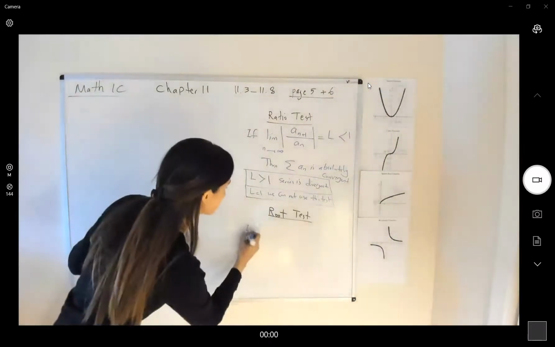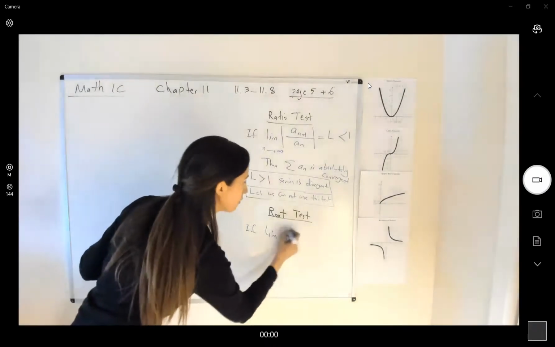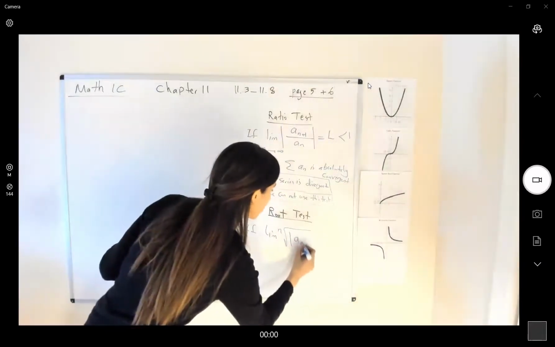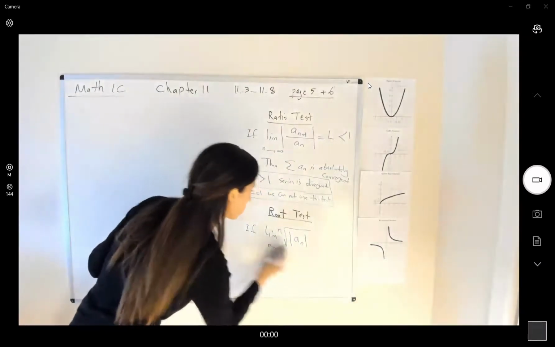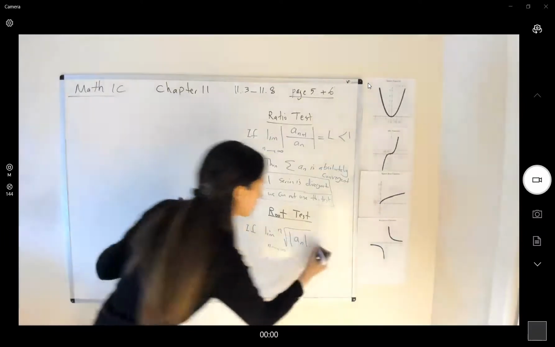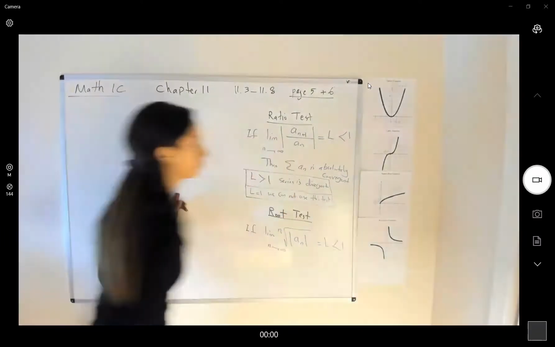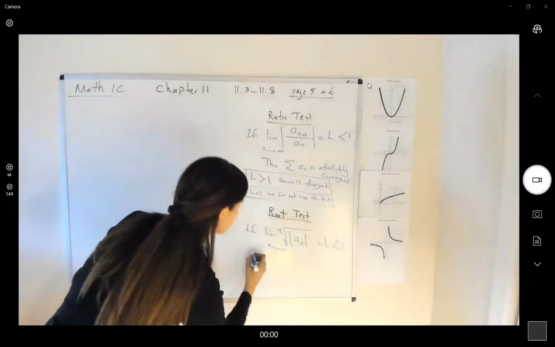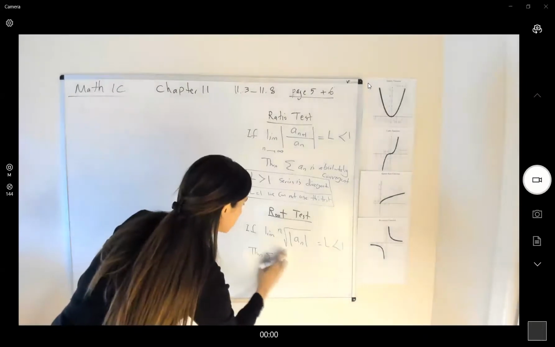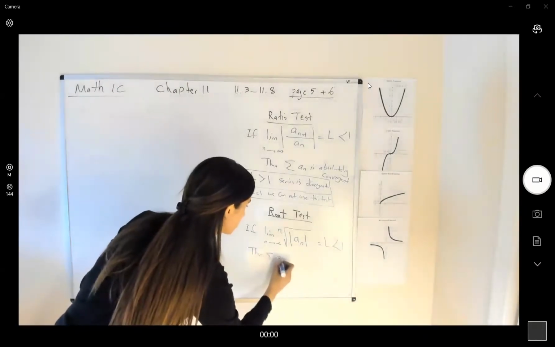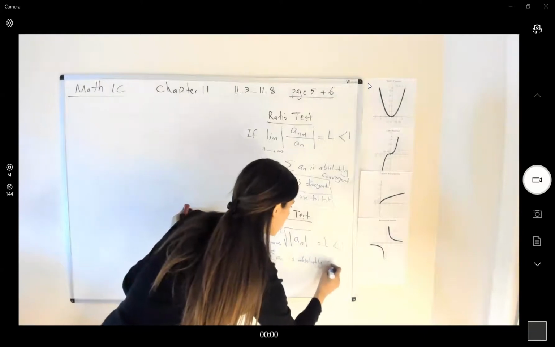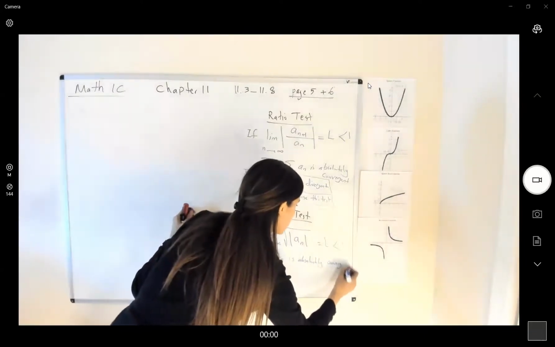So if the limit of the nth root of the absolute value of an, as n goes to infinity, is equal to L less than 1, then the series is absolutely convergent.